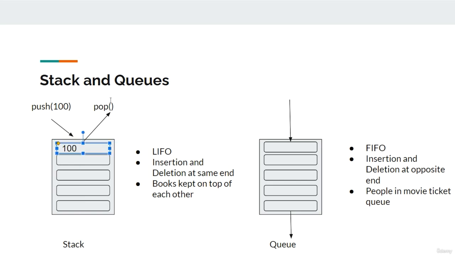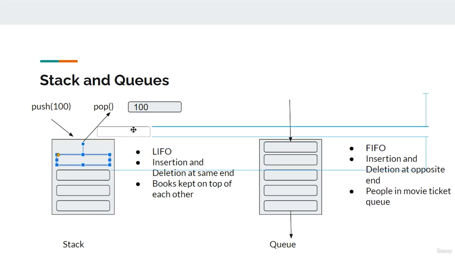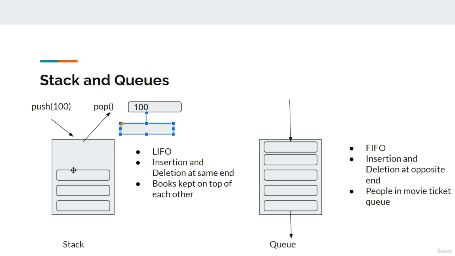When we call pop on the stack, the topmost element, whatever it is, will be removed. So 100 will be removed. If I again call the pop method, the element which is on the top will be removed, and this will follow until the stack is empty. If the stack is empty and we call the pop method, we will get an error.